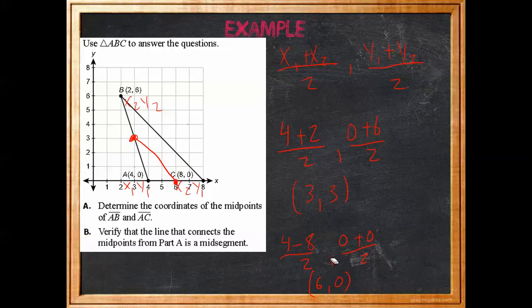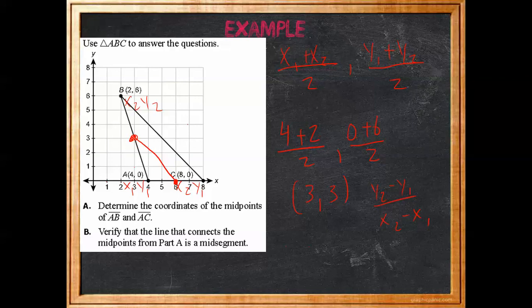Let me erase some of this real quick so I have a little room. Remember our slope formula is y2 minus y1 over x2 minus x1.